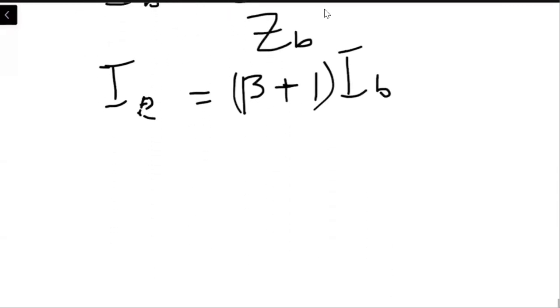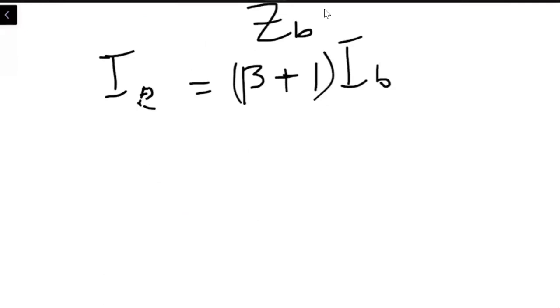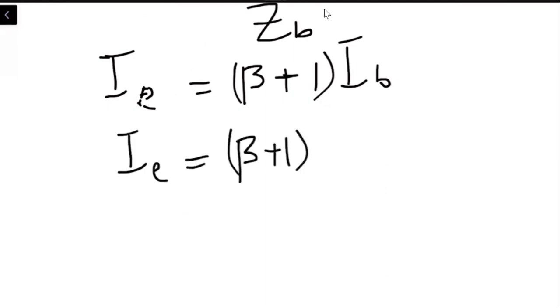So if we put the value of IB in this equation, IE will be equal to beta plus 1 into VI divided by ZB, right? As we know, beta is a big value, so beta plus 1 is also, we can say, equal to beta.